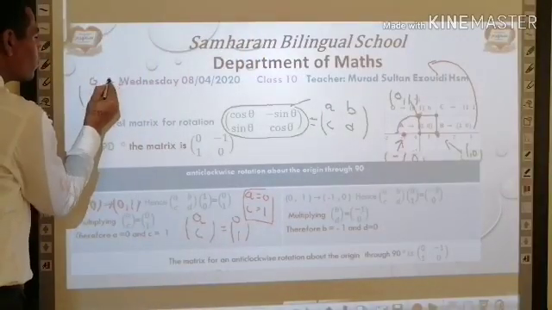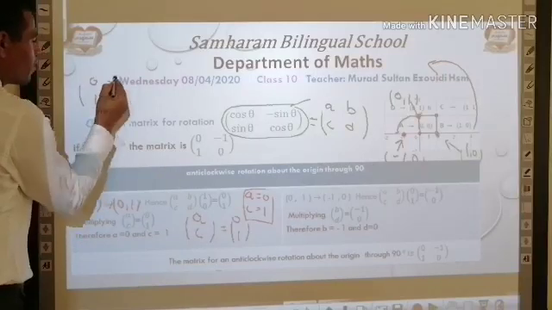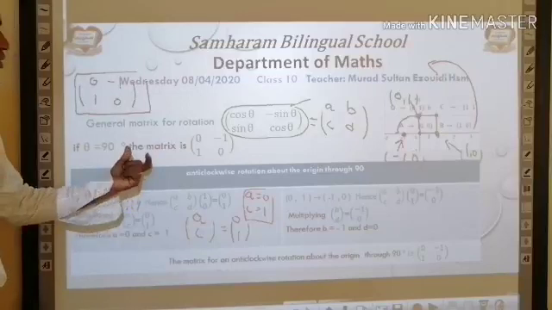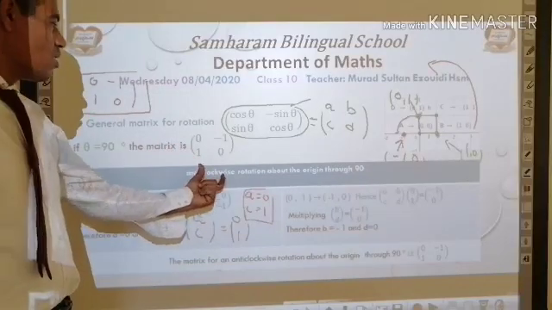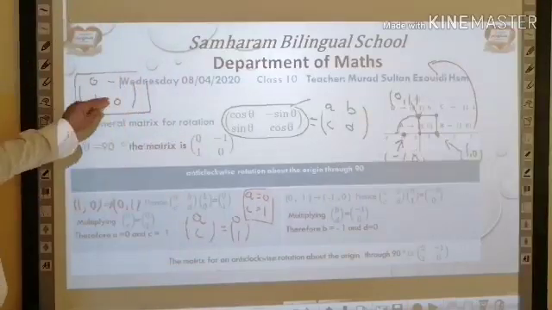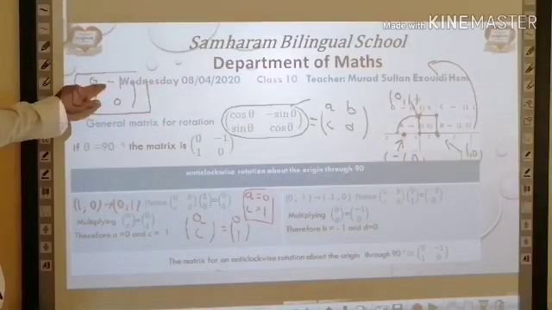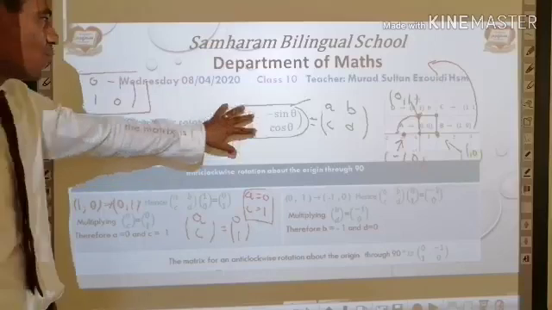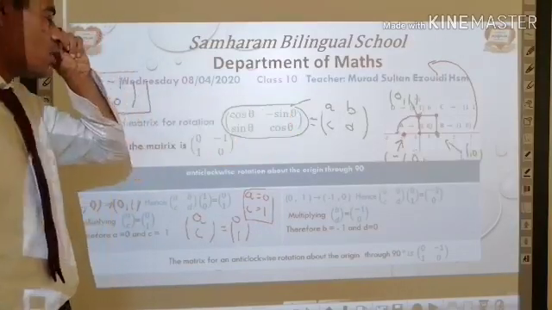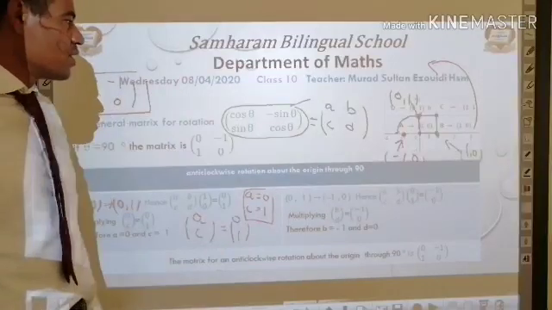The second column will be negative 1, 0. This is in fact my matrix for rotation anti-clockwise about the origin through 90 degrees: 0, 1, minus 1, 0. You can also use this by substituting theta equal 90 degrees in the trigonometric function.